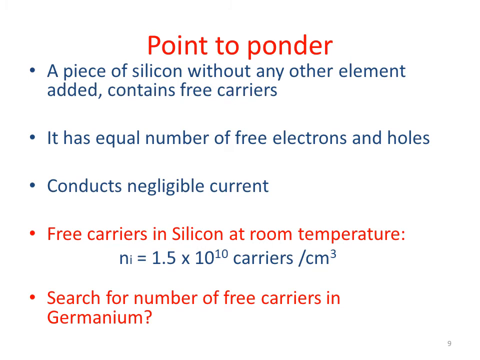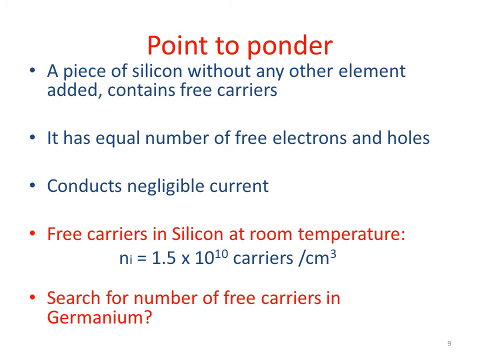Based on the details that we have just studied, there are a few points that we should consider. A silicon atom at room temperature, which is a high temperature, has its valence electrons keep attaining energy from the atmosphere.